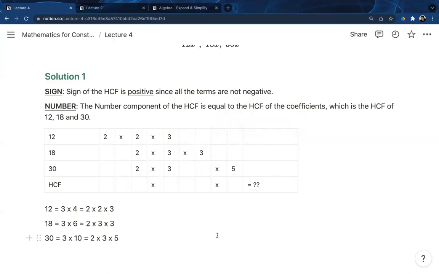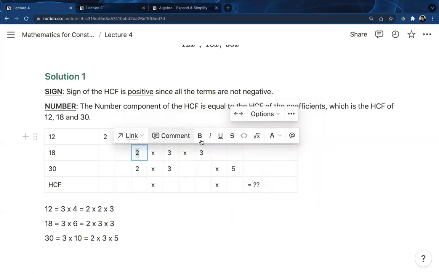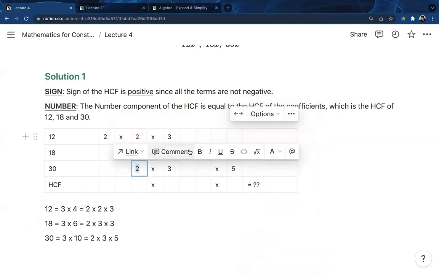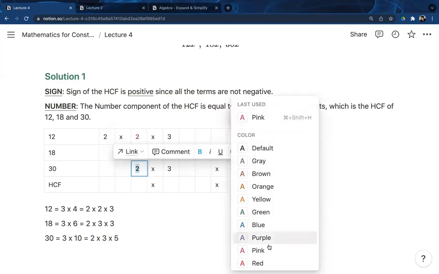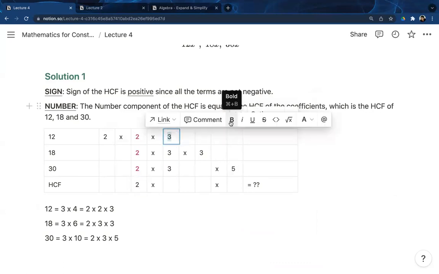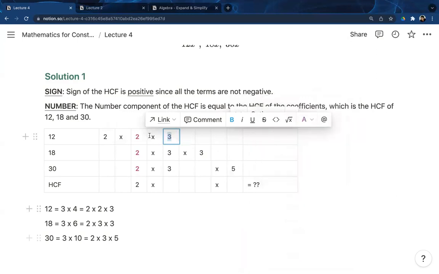So what are you seeing common here? The 2s are common, so the HCF will have a 2. And the 3 is another common one.